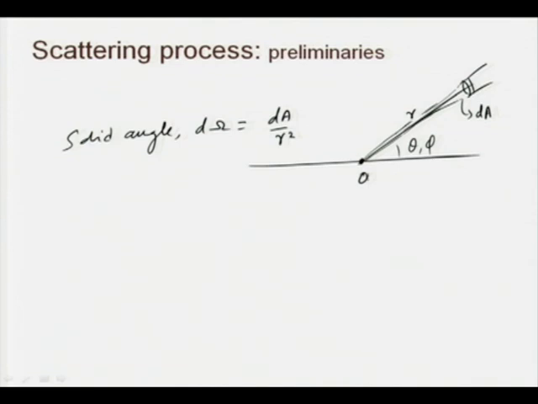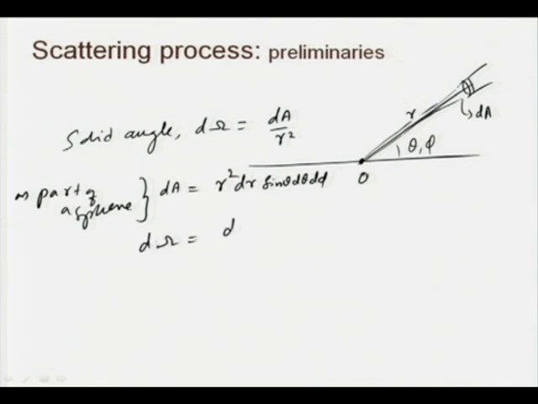If dA is the area and r square is the radius square of that sphere, then dA, as part of a sphere, is equal to r square sin theta d theta d phi.